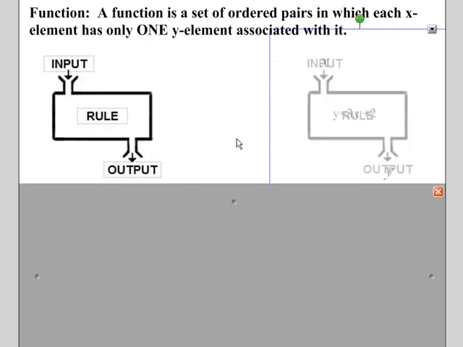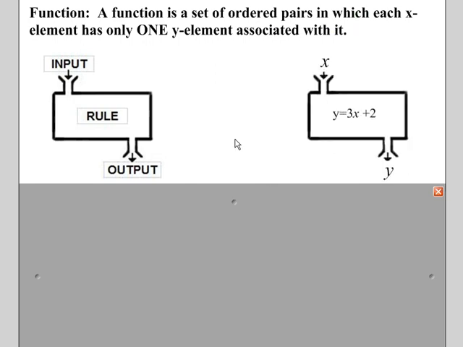So if we look at our previous equation, we could think of it as a function because something is being input, so x is being input and y is being output. So a function is a set of ordered pairs in which each x element has only one y element associated with it.